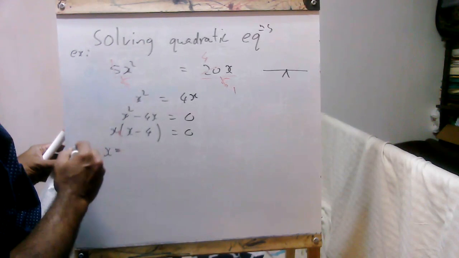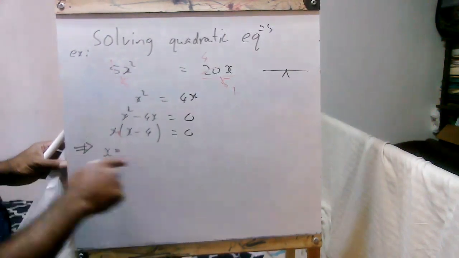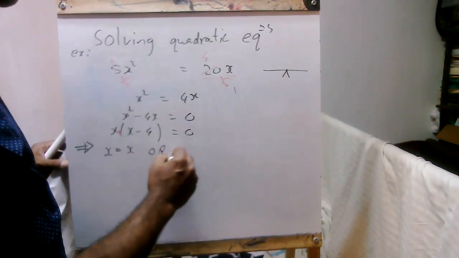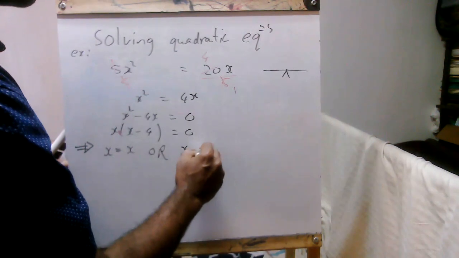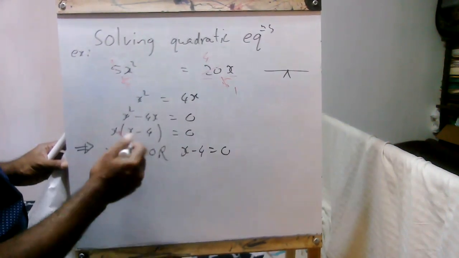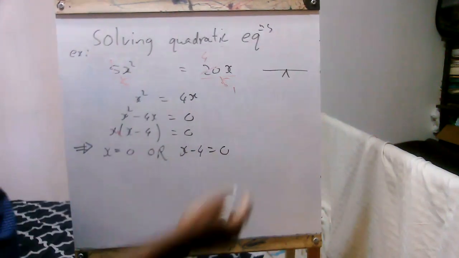This arrow means x equal to 0 or x minus 4 equal to 0. This term equal to 0 or this term equal to 0. What is this called?